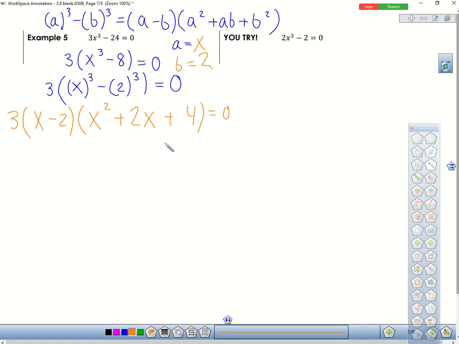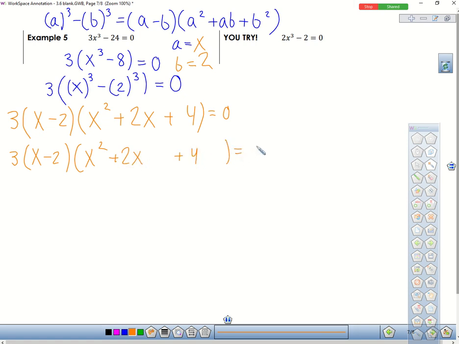Now this actually might be factorable. No, I don't think it is. Factors of 4 that add up to 2. I got nothing. So we're going to have to use completing the square here to factor this. So this is 3 times x minus 2, x squared plus 2x plus 4.